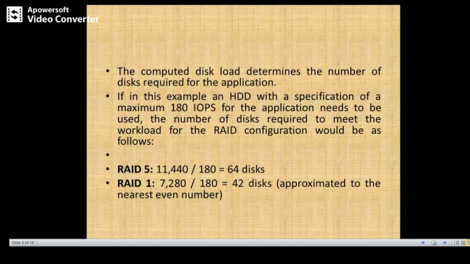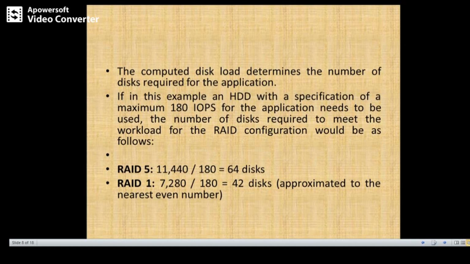After that, we can calculate the number of disks with respect to RAID 5 and RAID 1, assuming the maximum IOPS for the application will be around 180. Once we assume a maximum of 180 IOPS, we can compute the number of disks required.